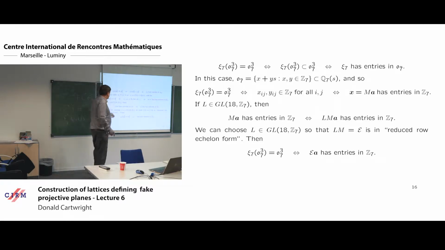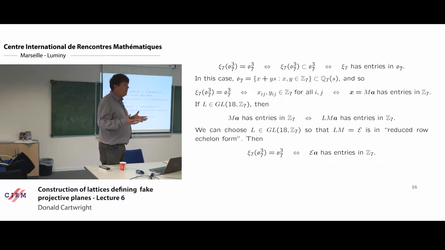And so after all that, you find that the condition for psi sub 7 to fix this lattice is that a certain very simple matrix E, 18 by 18, but nevertheless simple, has entries in Z sub 7. So it's a little bit more complicated.